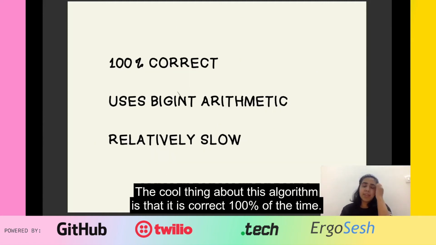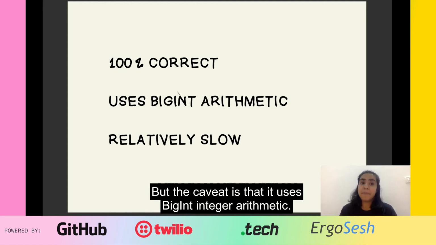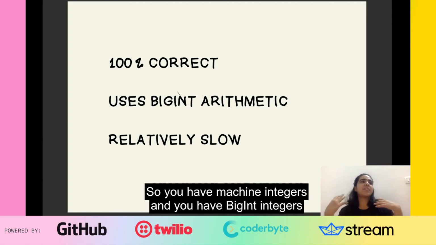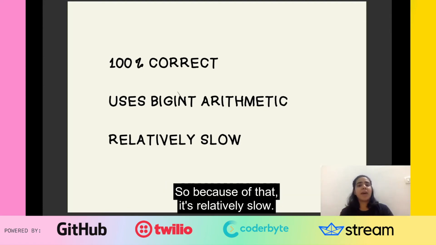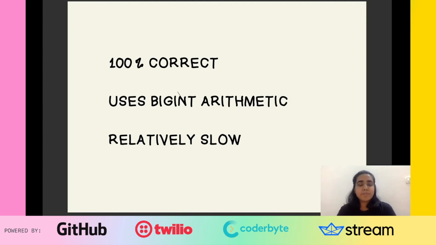And the cool thing about this algorithm is that it's correct 100% of the time, but the caveat is that it uses big integer arithmetic. So you have machine integers and you have big integers, which are like numbers represented in software and not in the hardware. Because of that, it's relatively slow.